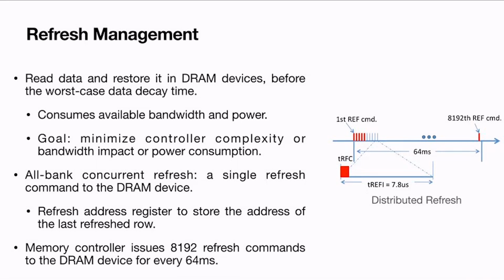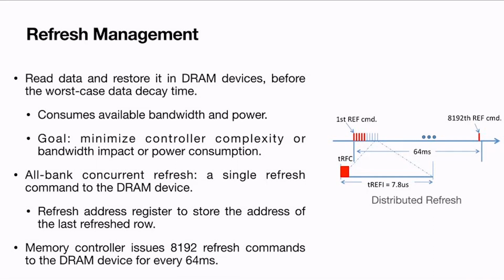In the case of distributed refresh, they divide the 64 milliseconds into equal intervals, and in each interval they issue one command, because there are 8K refresh commands. They issue one refresh command, wait for some time, service the processor requests in this time, and then issue another refresh command, and so on. All I have to do is refresh all the rows within 64 milliseconds.